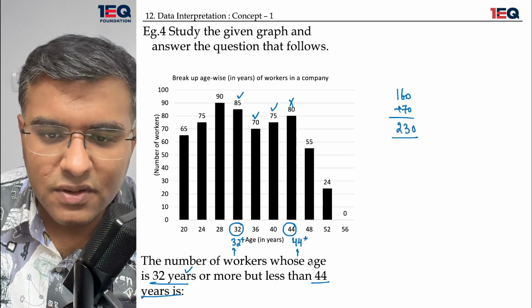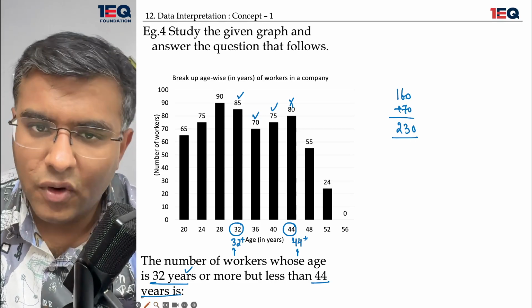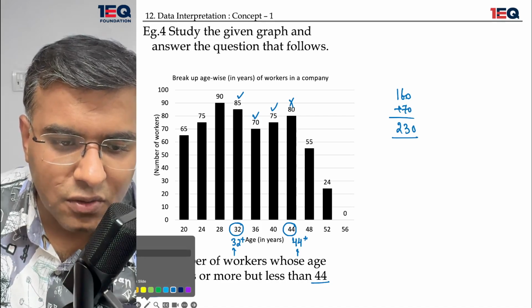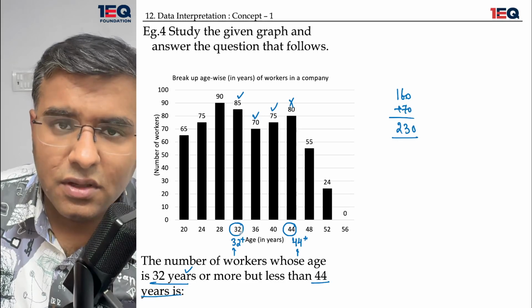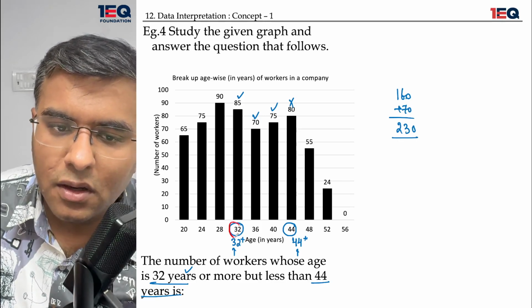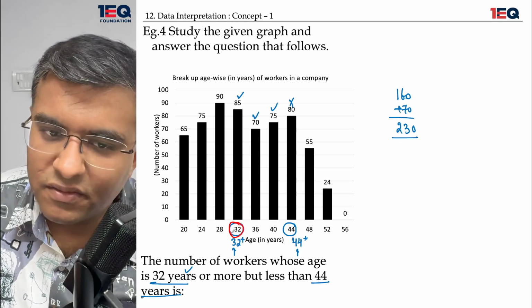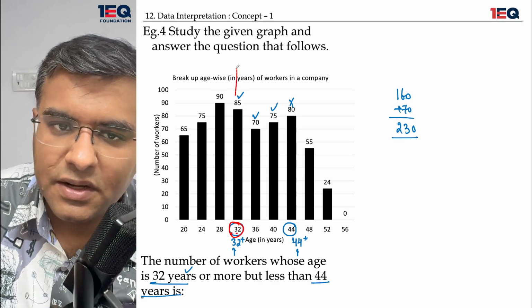So the number of workers whose age is 32 years or more but less than 44 years. What did I actually do over here? I'll tell you. If 32 is written over here as a label, this means 32 and above is represented here.